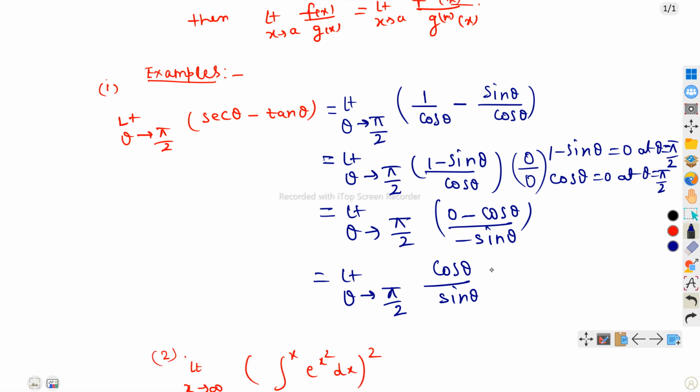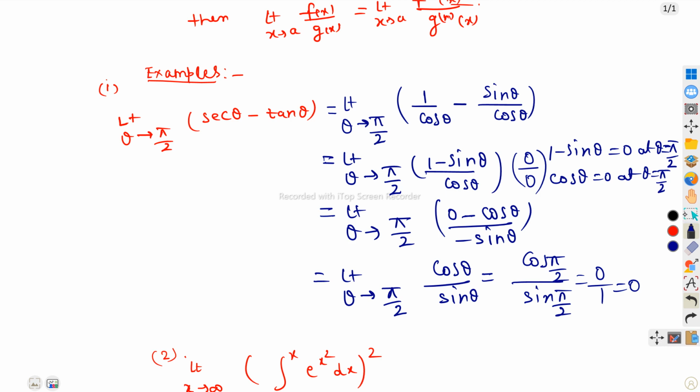Since sin pi by 2 is not equal to 0, we can put in the value of theta. So cos pi by 2 upon sin pi by 2 becomes 0 upon 1 equals 0. This is the limit of the given problem.